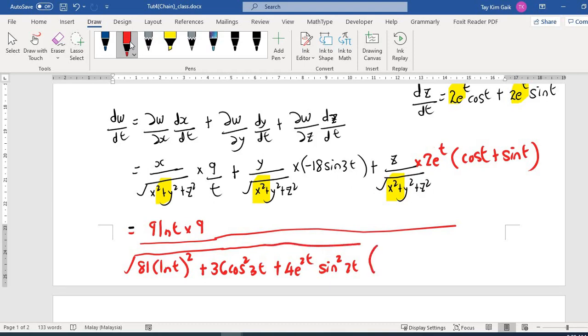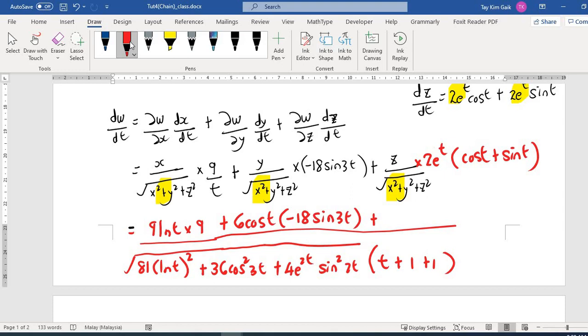For the first term you have t here. The second term is only this numerator, so plus 1. This one only plus 1. So total this is plus 2. Okay, and y is 6 cos 3t, so multiply negative 18 sin 3t.